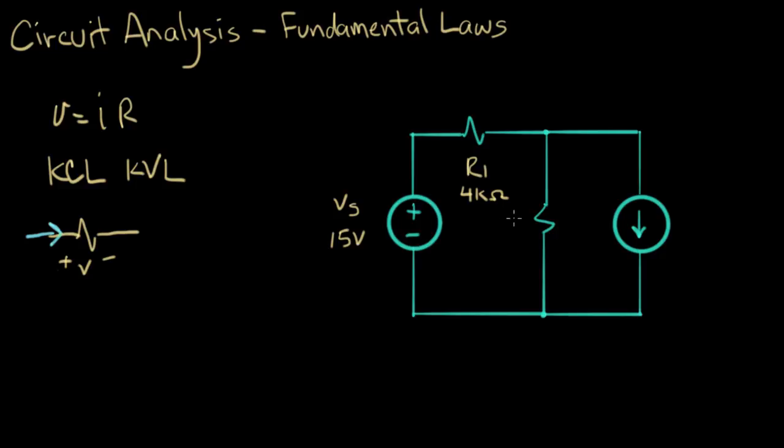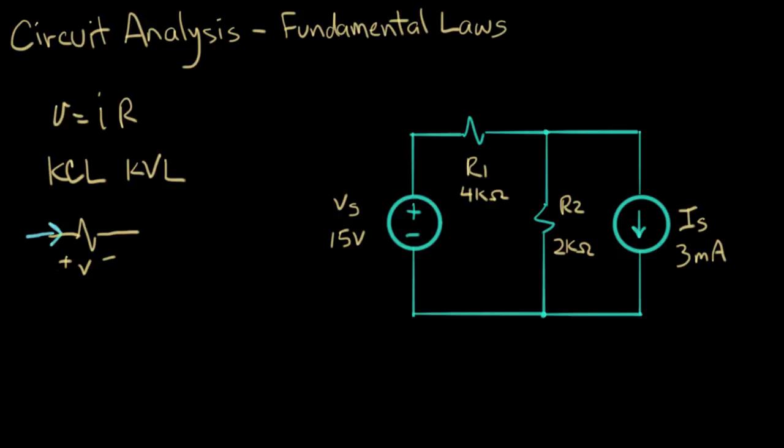And another resistor, R2, is sitting right here, and we'll give it a value of 2K ohms, 2,000 ohms. And finally, there's a current source sitting over here. And this has a value of 3 milliamps flowing downwards.